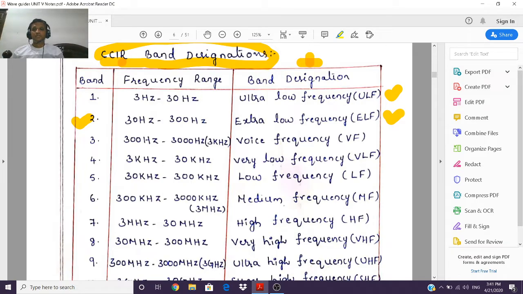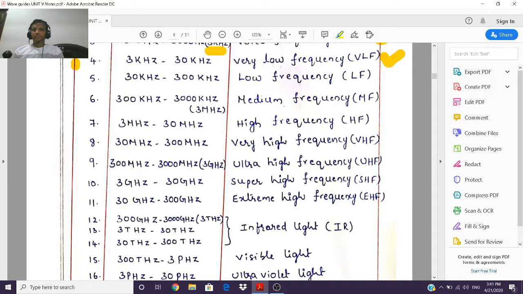Next, 300 hertz to 3000 hertz, or 3 kilohertz, is voice frequency. Generally our voice frequency will be 20 hertz to 20 kilohertz. The next, 3 kilohertz to 30 kilohertz, is very low frequency. Then 30 kilohertz to 300 kilohertz is low frequency. Then 300 kilohertz to 3000 kilohertz or 3 megahertz is called medium frequency.